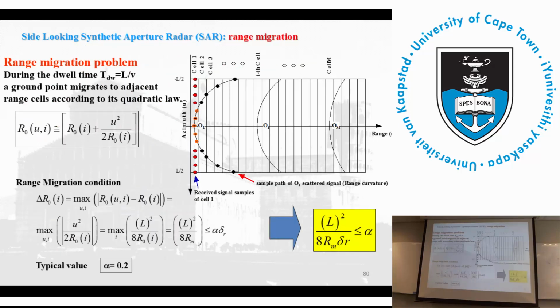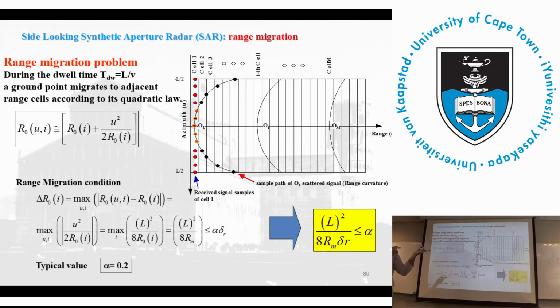What's range migration? Well, we have ignored this so far. But range migration is a problem because as you fly by, a point on the ground doesn't stay in the same range cell all the time. And why so? Because of course the distance changes from the furthest point to the closest point.